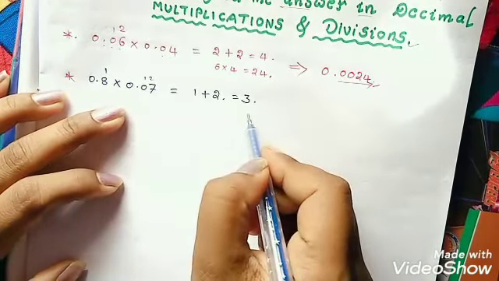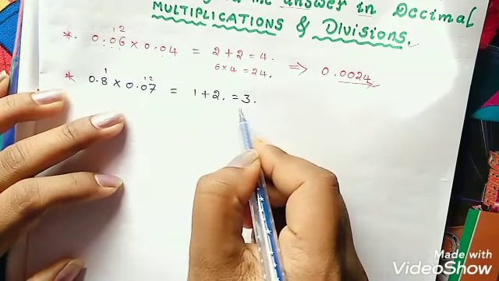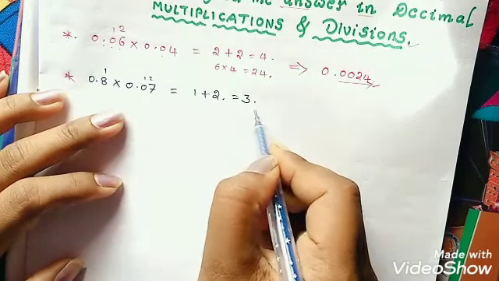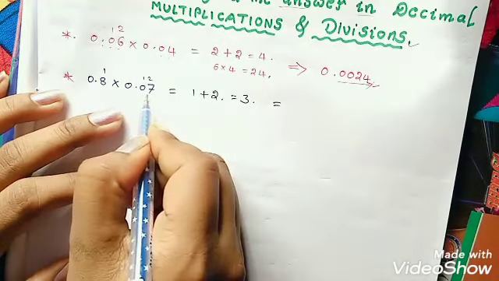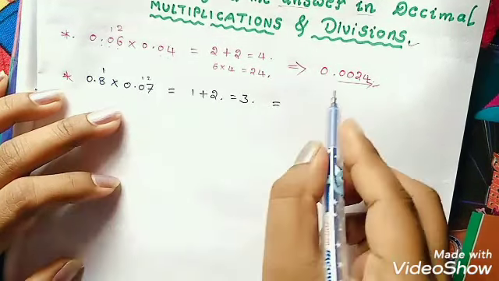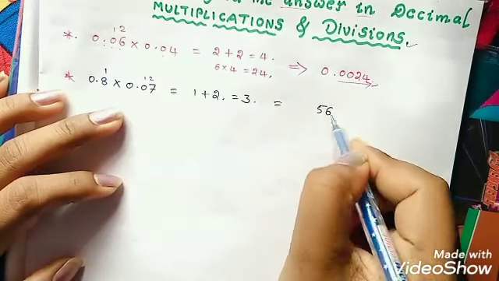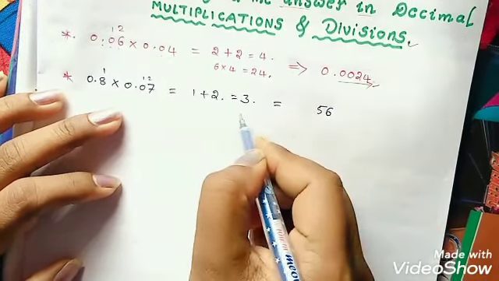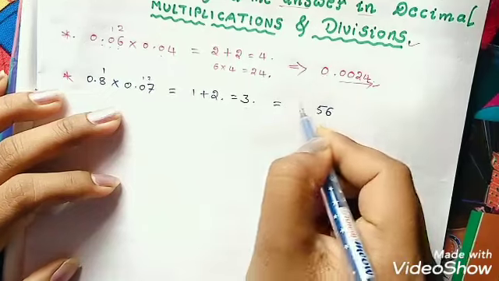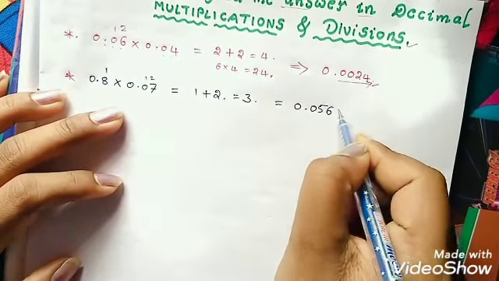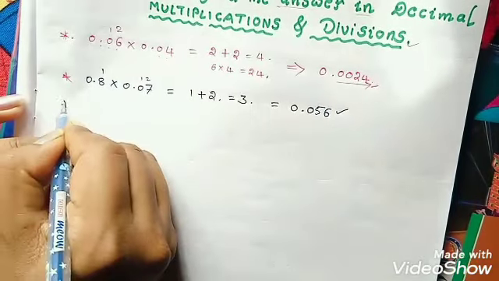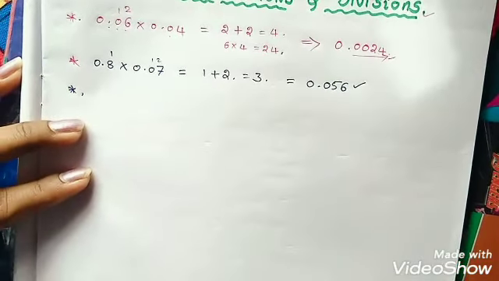That means in the answer you get 3 places after the decimal. Let us see directly. 8 into 7 is 56, and after the decimal you should get 3 places, so here 0 and 0. This is the answer. Let us see the next example.